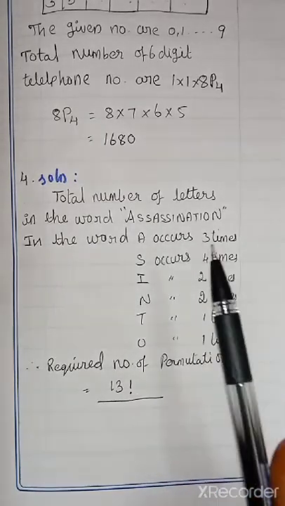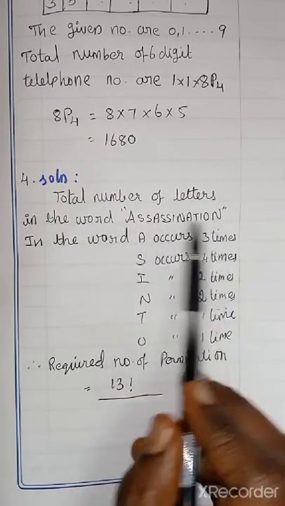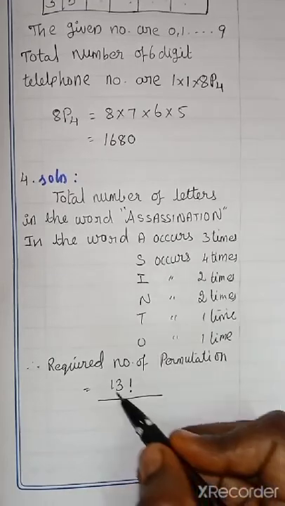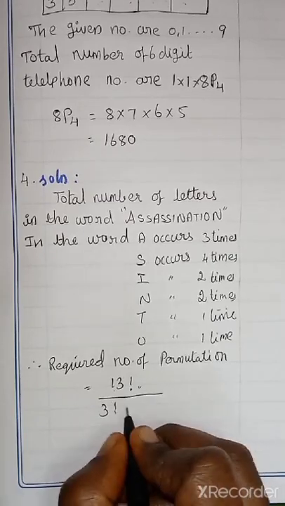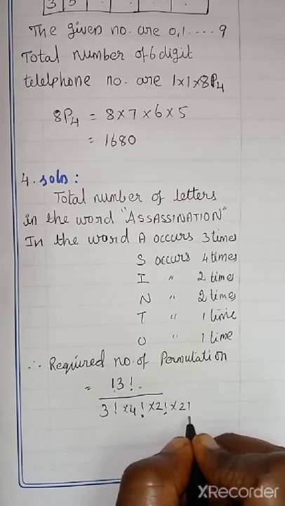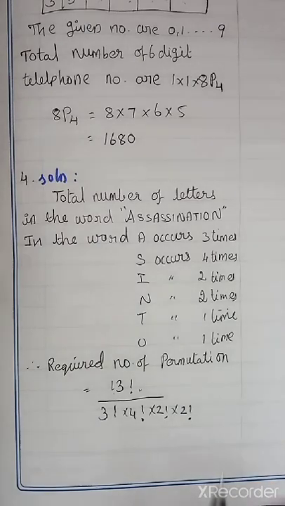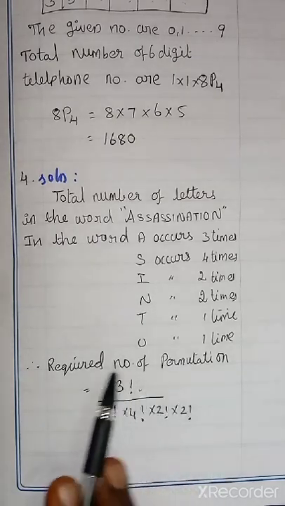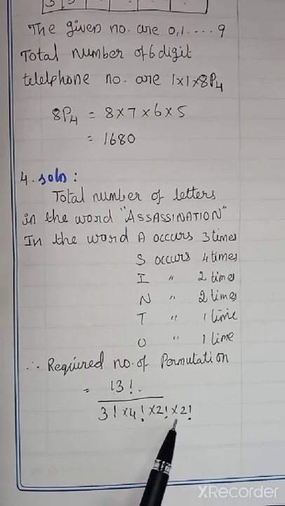So the total number of letters is 13, so 13 factorial by 3 factorial into 4 factorial into 2 factorial into 2 factorial. This is your final answer, and in your book's back answers they didn't solve this one.